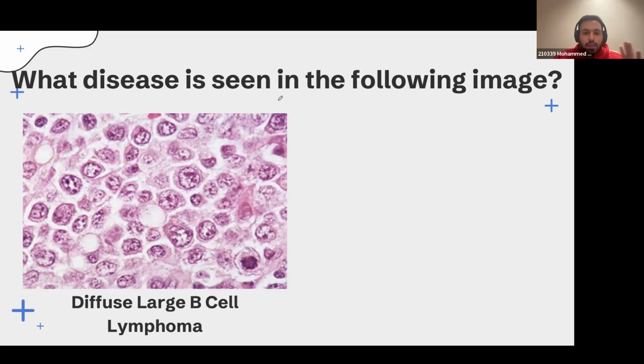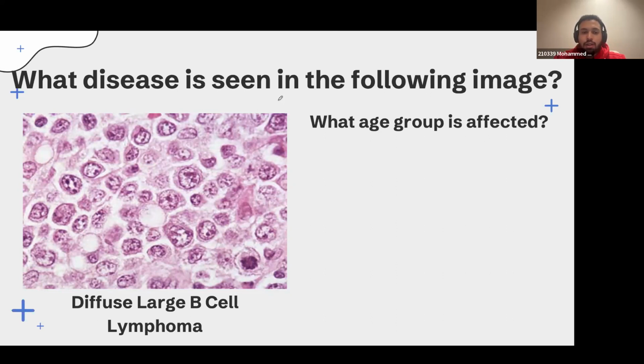Diffuse large B cell. What age group is most likely affected? All. Good. Something to think about for this diffuse large B-cell lymphoma is a lot of the cancers, so, for example, follicular lymphoma, for example, certain types of leukemias, the complications of them is to develop into this because this is the worst prognosis, worst type to get.